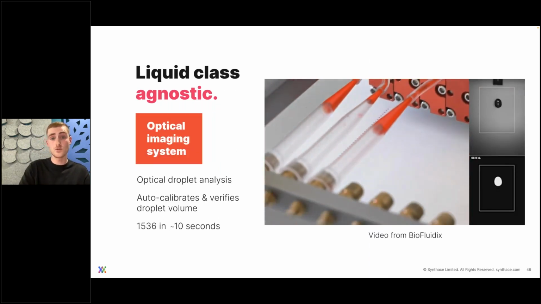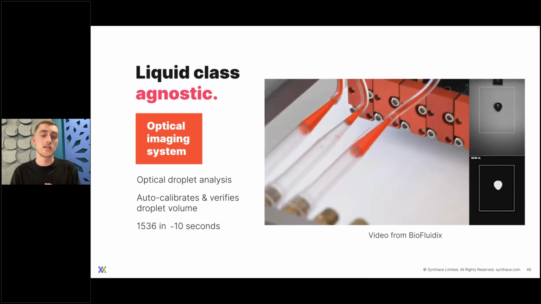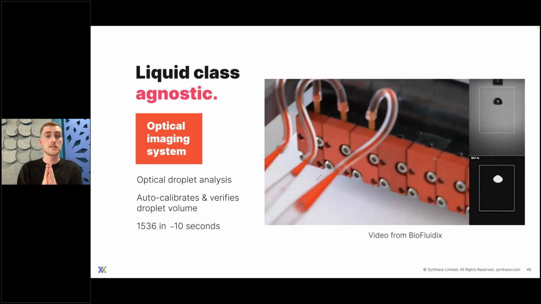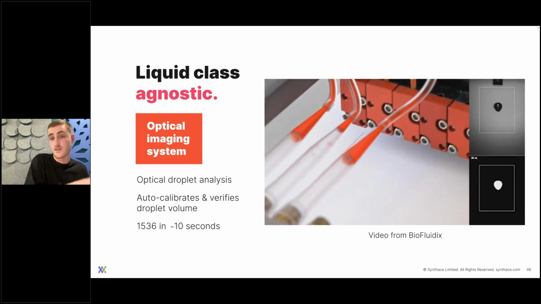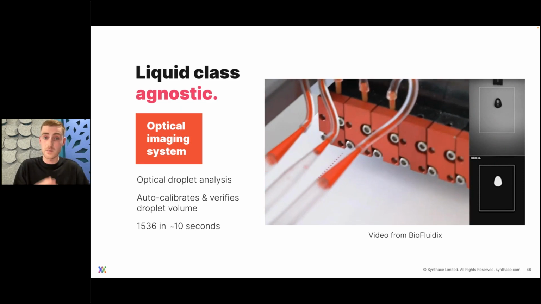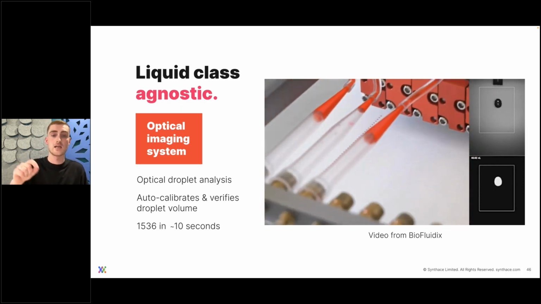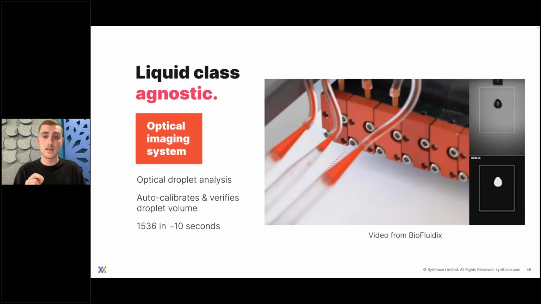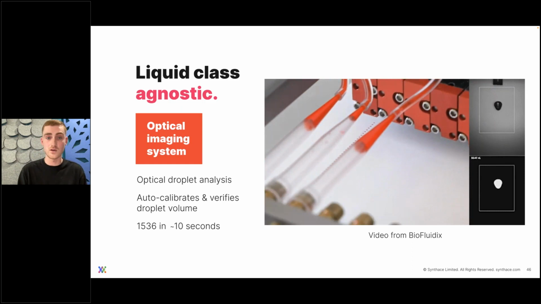The final one I'll show you, and I saw this at Hamilton's Robotics Roadshow earlier in the year, is their Biofluidics BioSpot DX. Now, this takes a bit of a different approach. It's a non-contact dispensing system, but it uses optical imaging to analyze liquid droplets in flight. You can see that on the right-hand side here, it's quite literally on the fly.